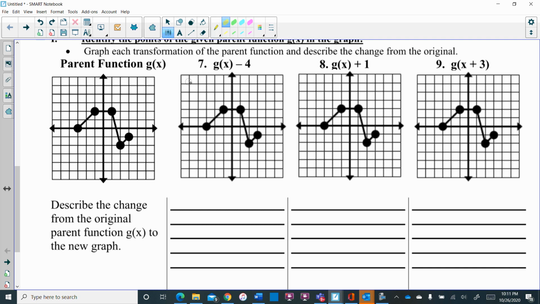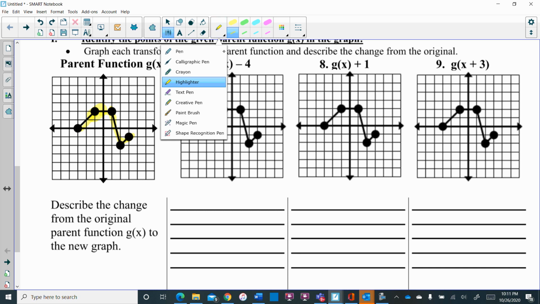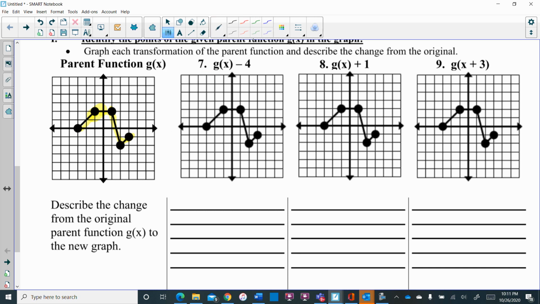So just know that it's given to you on all of the graphs. You're just going to do the transformation to that parent function. I'll talk about this section, make sure you're on the right track, and then you can fast forward to the next section if you think you've got this.